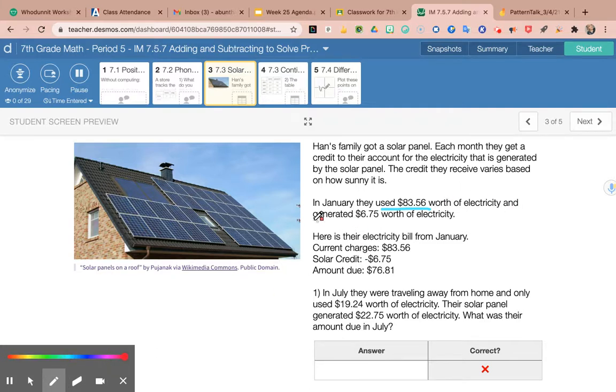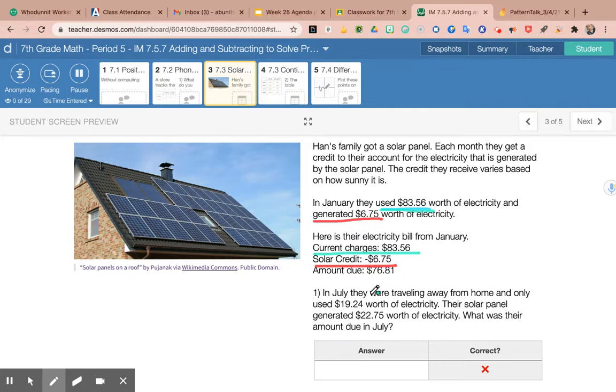They generated $6.75 worth of electricity. Here's their electricity bill from January. So notice that the money that they generated was negative or subtracted. And then the charges were positive. So notice that the things that they used were positive. Their solar credit was negative or subtracted.